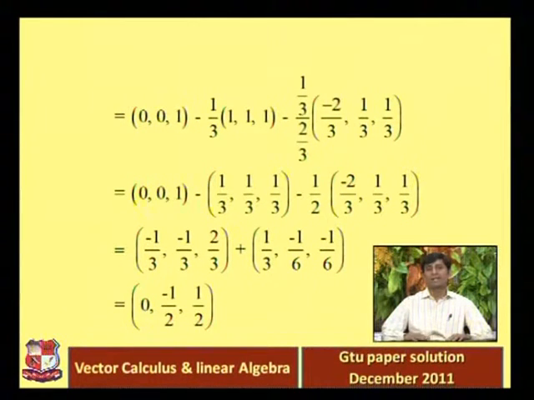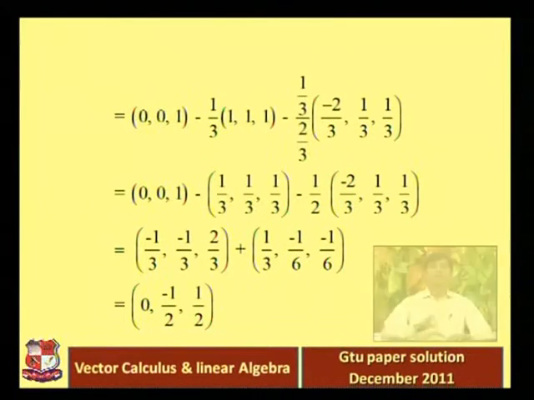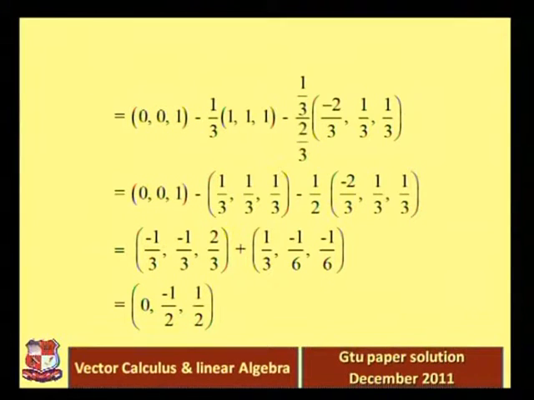So first vector is (minus 1 by 3, minus 1 by 3, 2 by 3), and the second vector as it is, plus 1 by 3, minus 1 by 6, minus 1 by 6. Now add these two vectors: minus 1 by 3 plus 1 by 3 is 0, minus 1 by 3 minus 1 by 6 is minus 1 by 2, and 2 by 3 minus 1 by 6 is 1 by 2.